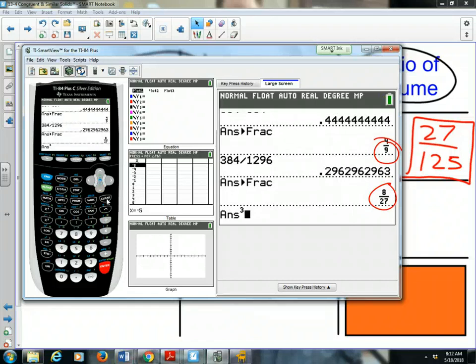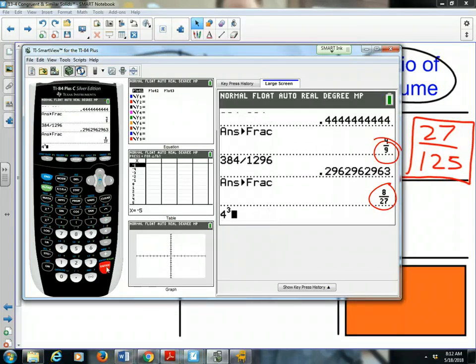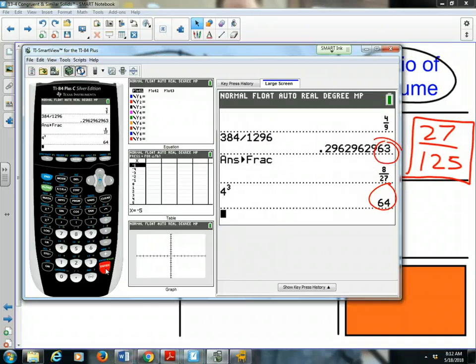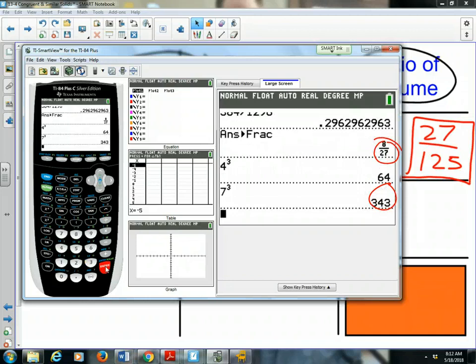So if I wanted to take 4 and raise it to the third, 4 cubed is 64. Or for the other one, 7 cubed, 7 raised to the third power is 343. So 64 over 343.